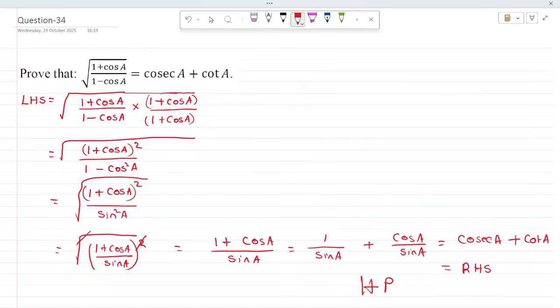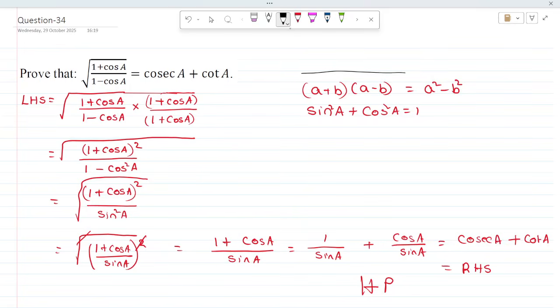Is it clear for everybody? Yes. What are the identities we used here? Sin square A plus cos square A is equal to 1 we use, and the formula A plus B into A minus B equal to A square minus B square we use. Clear? These are the formulas we use.